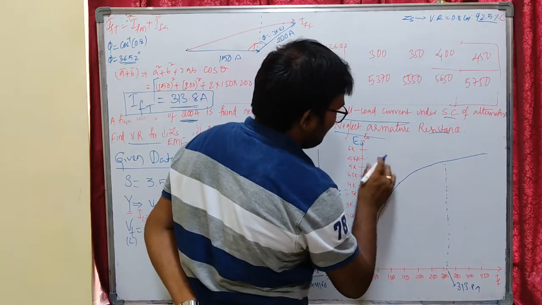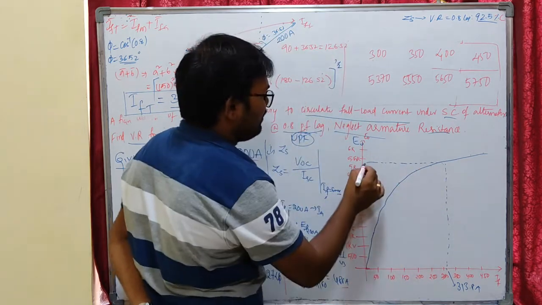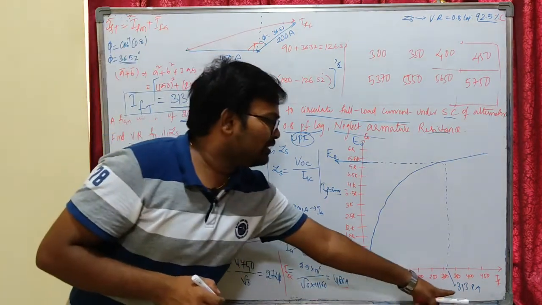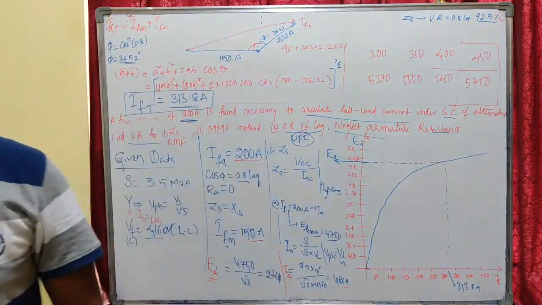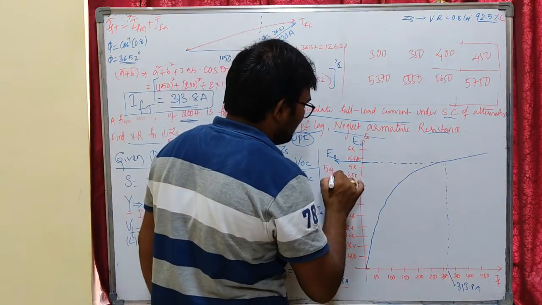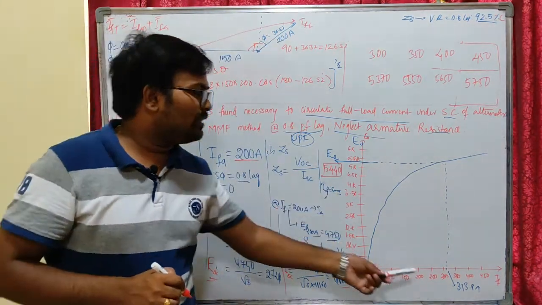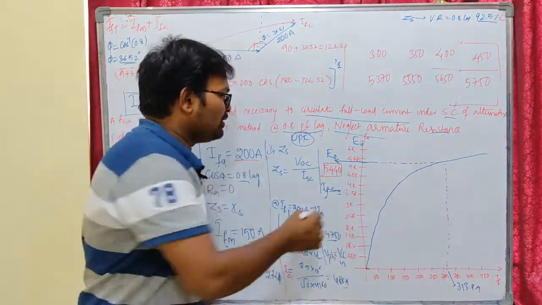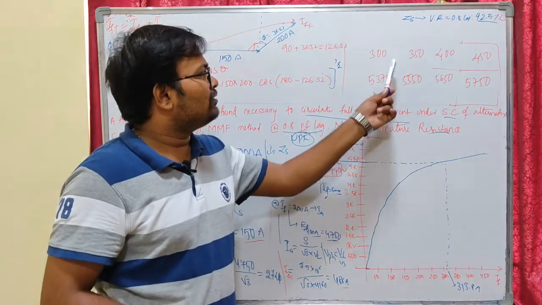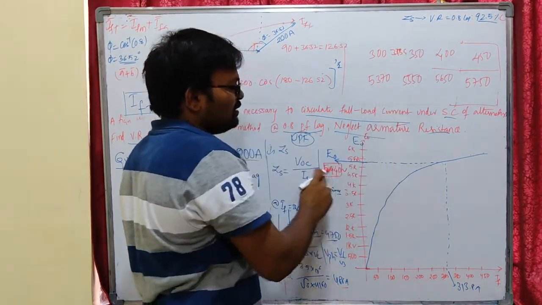This will be our E open circuit for the MMF method. At this much field current, this is the terminal voltage, which is around 5440. If you actually draw the graph, you can obtain 5440. This is line voltage. So the voltage for a total field current of 313.8 is 5440 volts, which is greater than 5370, since for 300 it is 5370.